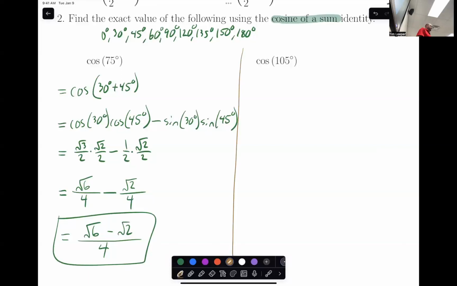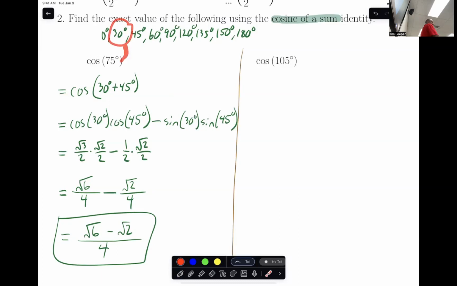No? Outstanding. The next one we want to look at is cosine of 105 degrees. Now, looking at our special angles up here, do you see any that would add up to be 105 degrees? 60 and 45. Those are the two values that we would use. Or if you really wanted to, we now know 75, right? And we also know 30. We could just do 30 plus 75.